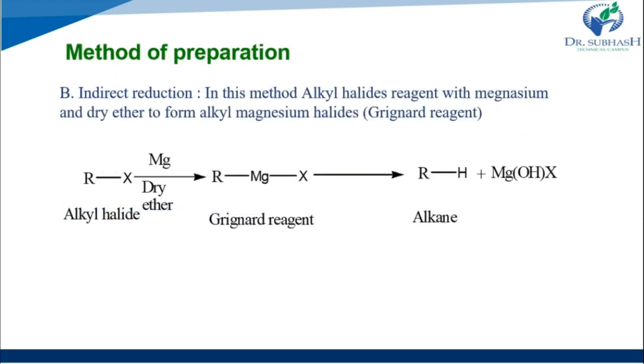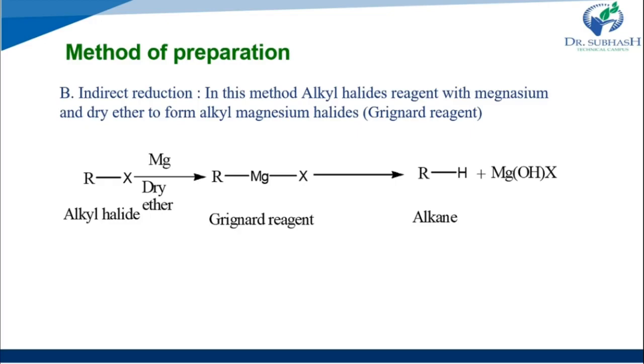Then the B method is indirect reduction. In this method, alkyl halide reacts with magnesium in dry ether to form alkyl magnesium halide, that is called the Grignard reagent.